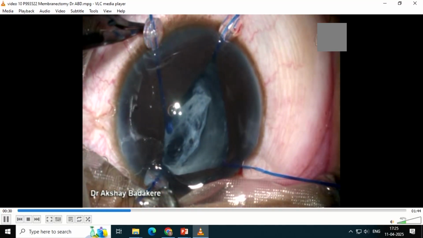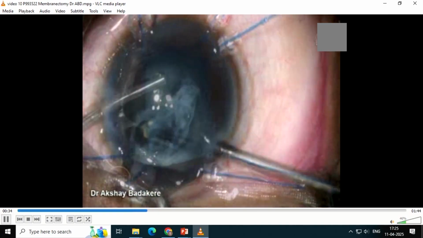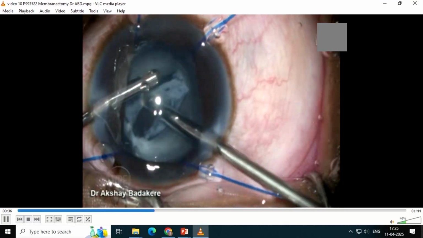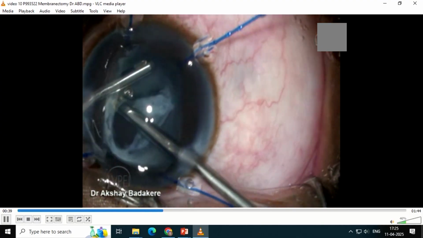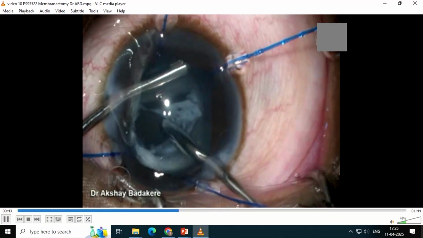Why I'm showing this video is that once the iris hooks are placed, you can see in the periphery these are the lenticular epithelial cells. This periphery that you see here, we call it the donut.